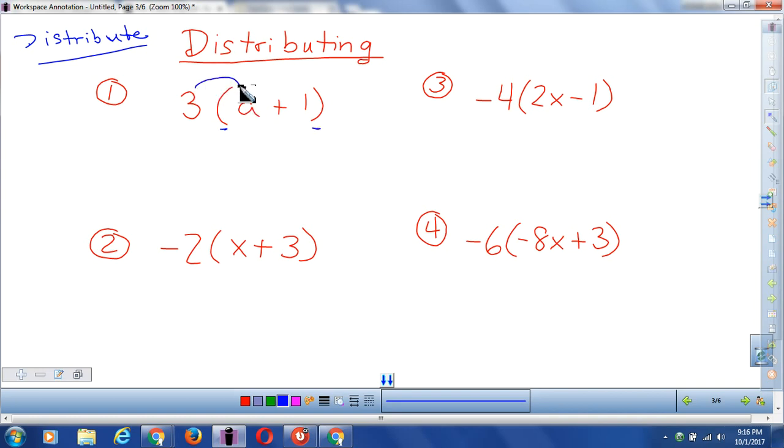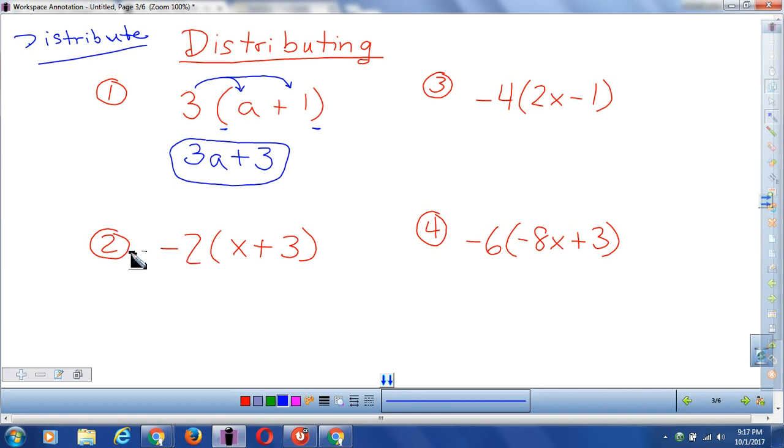So you're going to do 3 times a, but you've also got to do 3 times positive 1. I know it's positive because there's a plus sign there. So 3 times a is just 3a. And then positive and positive make a positive, and 3 times 1 makes 3. And I am done. This is my answer for this number 1. I have distributed, and that is it.